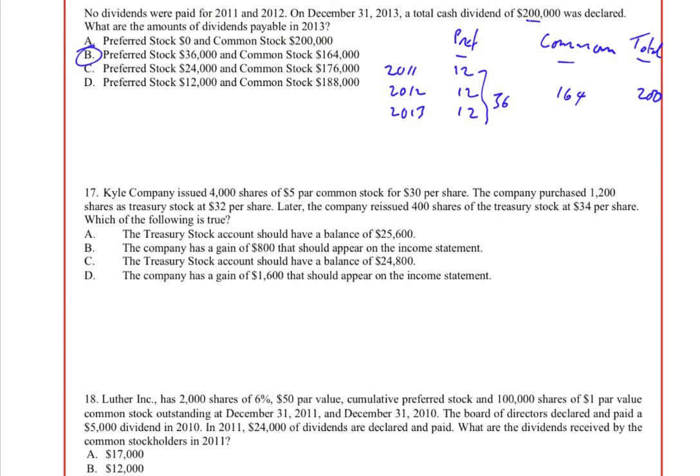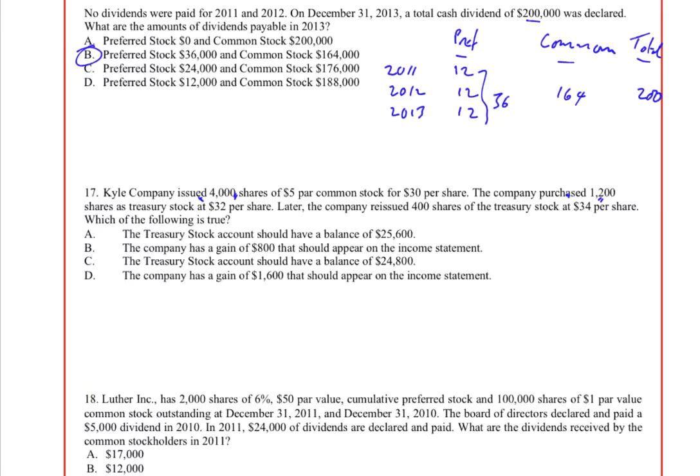Question 17. A company issued 4,000 shares of $5 par common stock for $30 per share. The company then purchased 1,200 shares as treasury stock, and then it reissued some at $34 per share. When a company buys shares and reissues them at a profit, which it did because it bought them at 32 and issued them again at 34, it made a profit of 2.